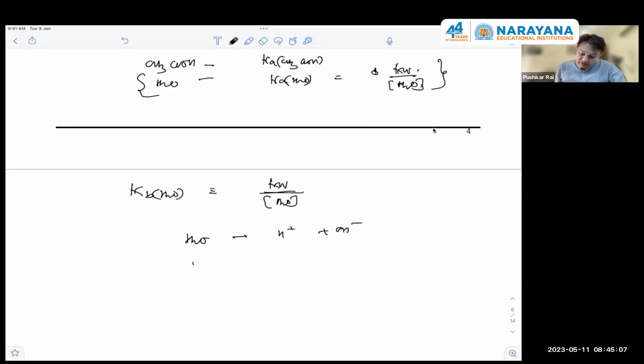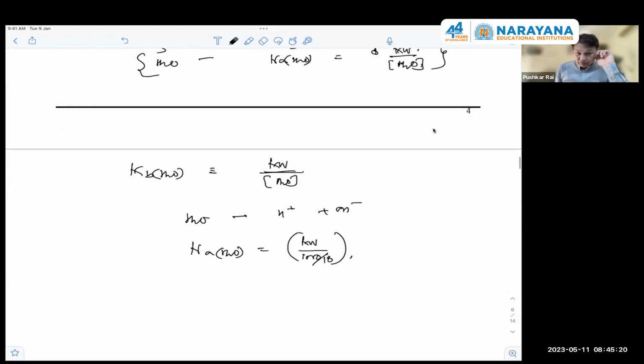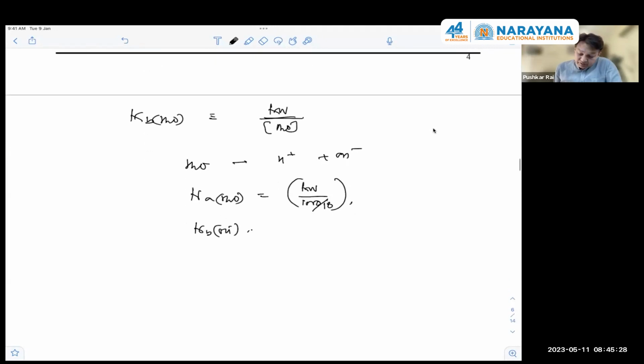And K of water then becomes what? K of H2O becomes what? This is KW upon concentration of water, which you know is 1000 upon 18. Now I'm going to ask you, if you know the Ka of this water, what is the KB of OH negative? Then we will apply the very famous principle, Ka of water into the conjugate base KB.